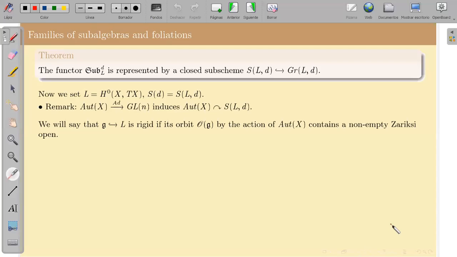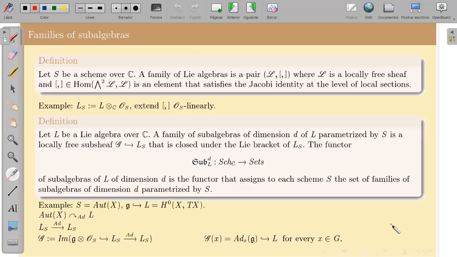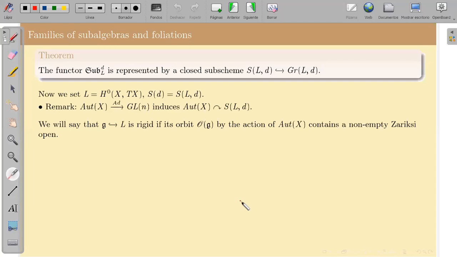Actually, the action of the automorphism group of X at a specific point corresponds to the family we just defined at the bottom here. And we will say that an element is rigid if its orbit contains a non-empty Zariski open set.